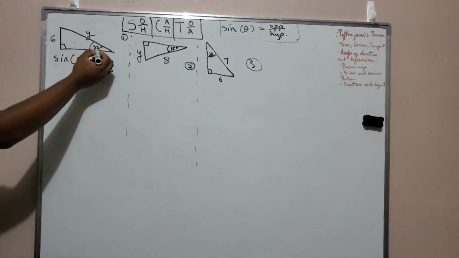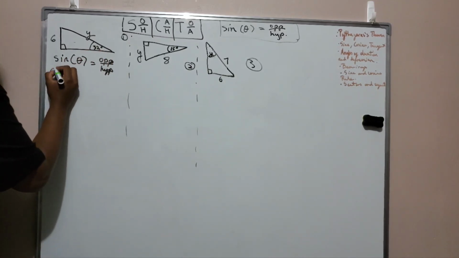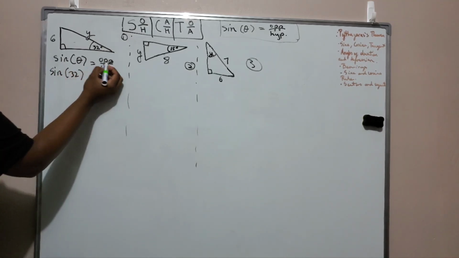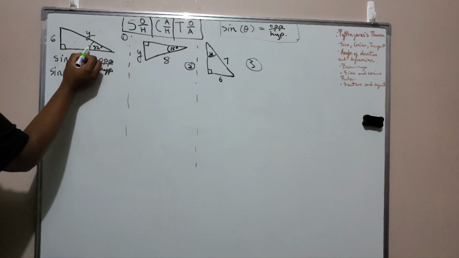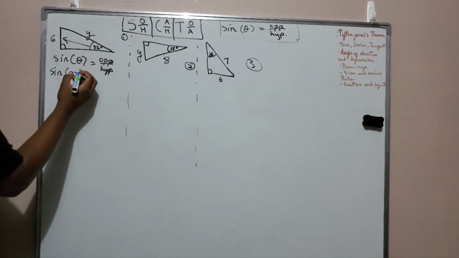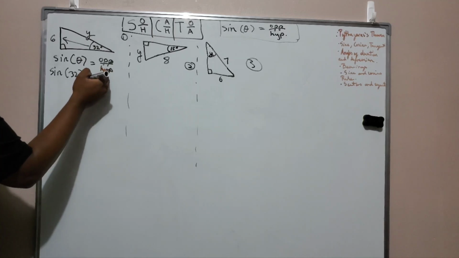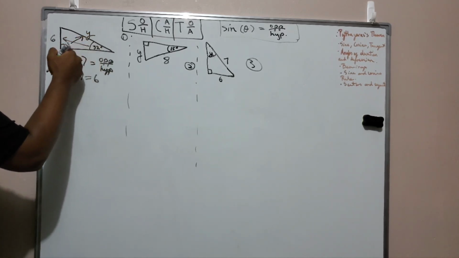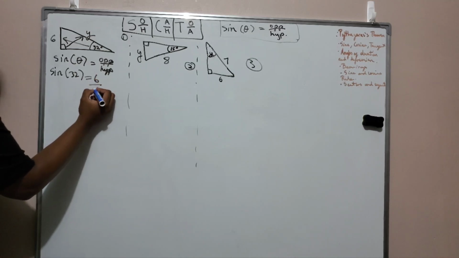So the angle is 32. Let me plug that into the formula: sine of 32. The opposite, which is the side of the triangle opposite to the angle, is 6. The hypotenuse, which is the side opposite the right angle, is y.